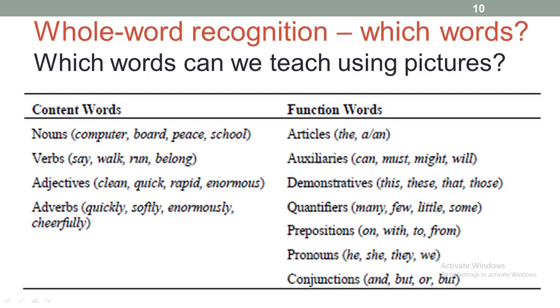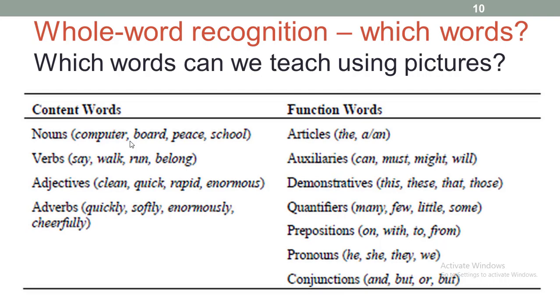The difference between these content words and function words is obvious. The content words have meaning in themselves, and they are not grammatical. They don't have a grammatical function as the function words do.